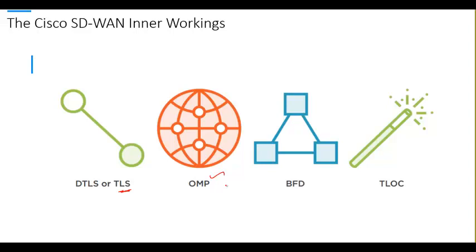So, what sort of protocol is OMP? OMP is a TCP-based extendable control protocol. Extendable, that's a very important word. It can be extended for various other services. Later on, when they do some advancement in SD-WAN technology, they can add more things to it. They can add IPv6.